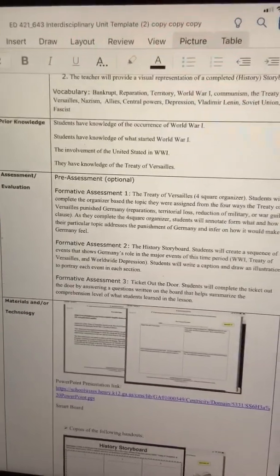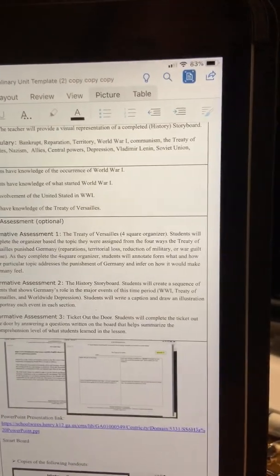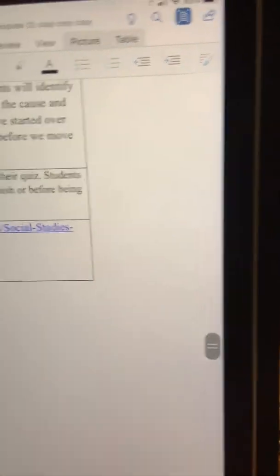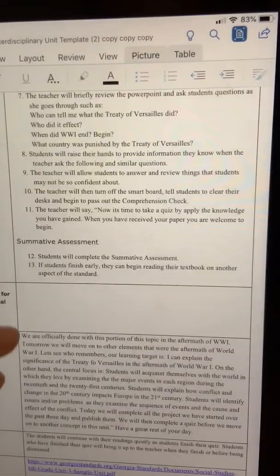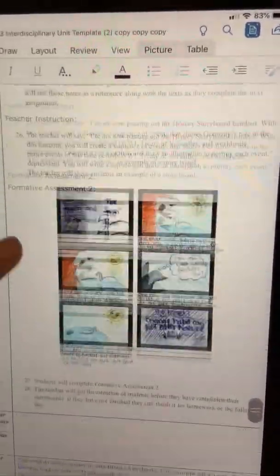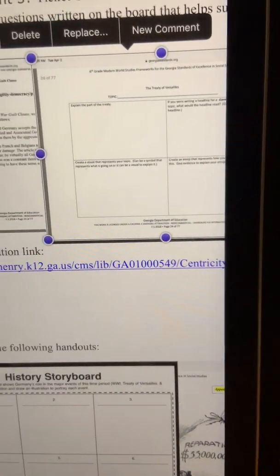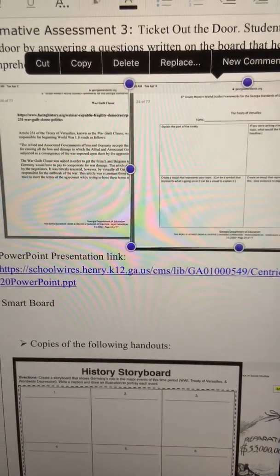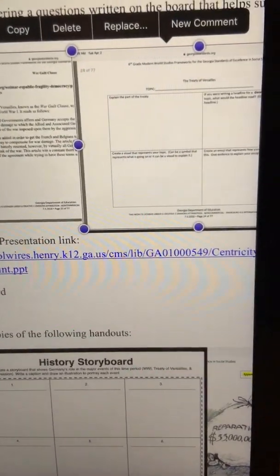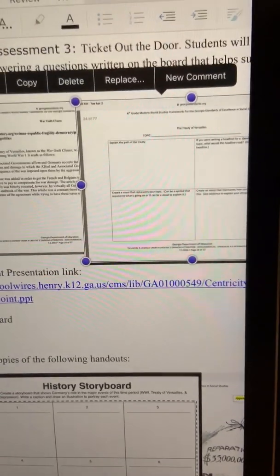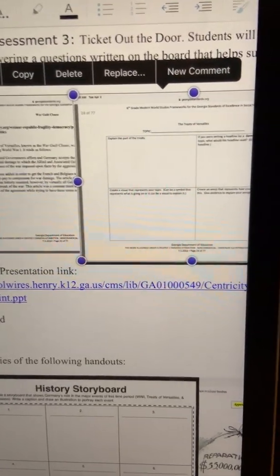Based off of those, they will complete this 4-square, which discusses different elements, such as explaining the part of the treaty and writing a headline for it, creating a visual from the perspective of Germany based off the aspect of the Treaty of Versailles they were assigned, and creating an emoji describing the way that Germany will feel.